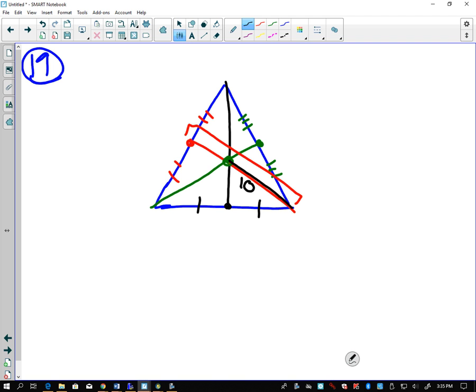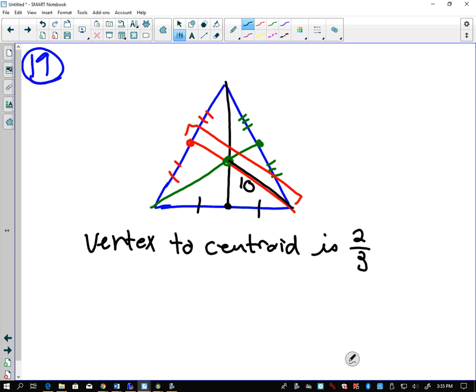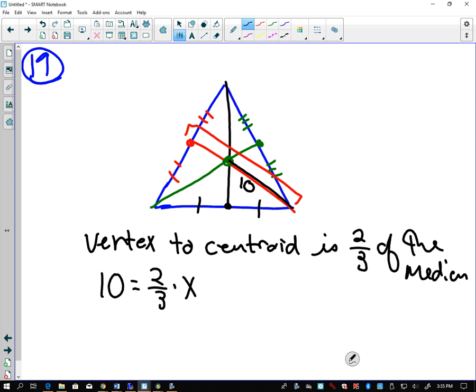What we should know about the distance from the vertex to the centroid is that it's 2/3 of the whole length. So vertex to centroid is 2/3 of the median. Okay, so what we know here is that 10 equals 2/3 of x.